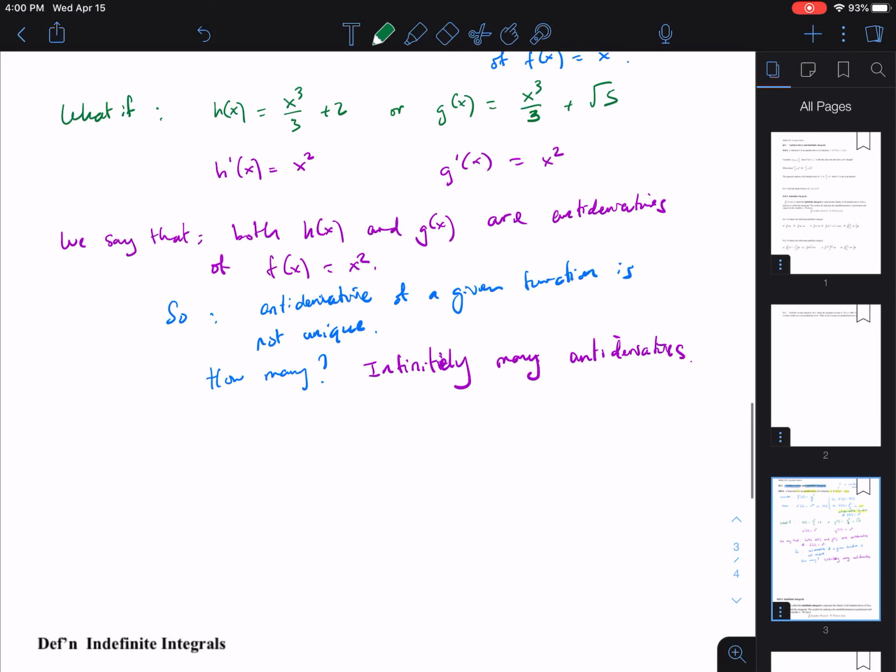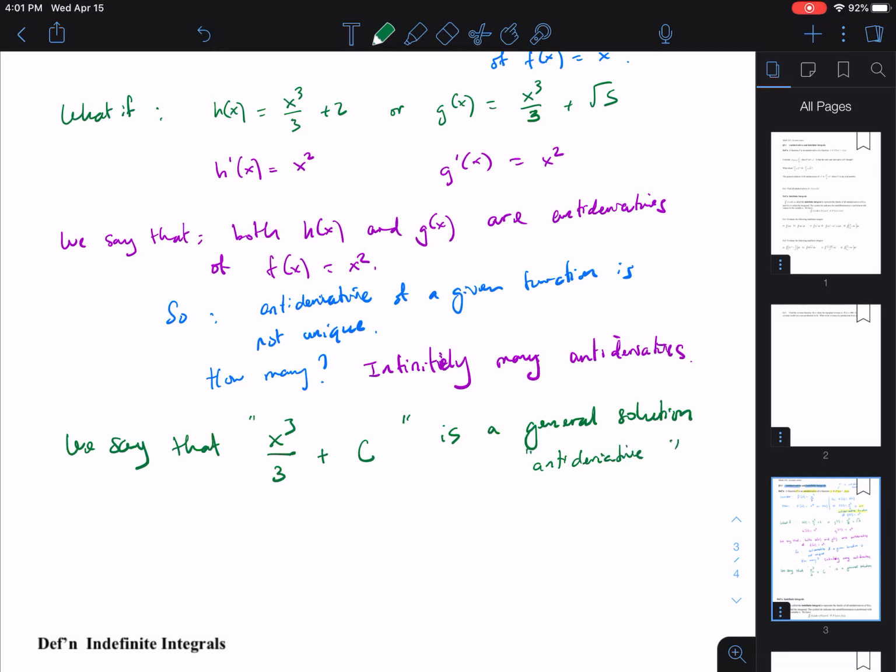So we say that x cubed over 3 plus some constant c is the general antiderivative of the x squared function.